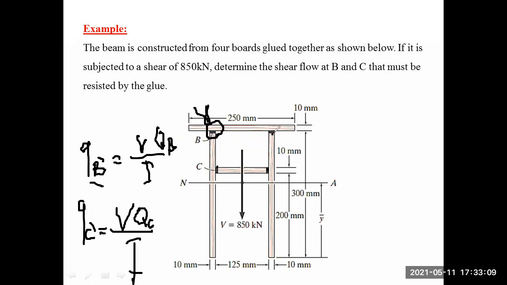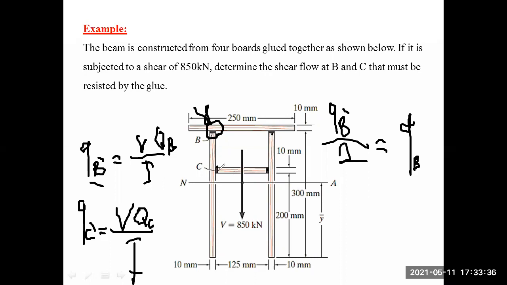So what I'm going to do, what I get as the result for QB prime, if I divide it by 2, then that would represent the actual QB. That means the shear flow at this point. Why? Because the shear flow is for both sides. If I want only one side, then divide it by 2. So half of it would go to this side, the other half would go to the other side.